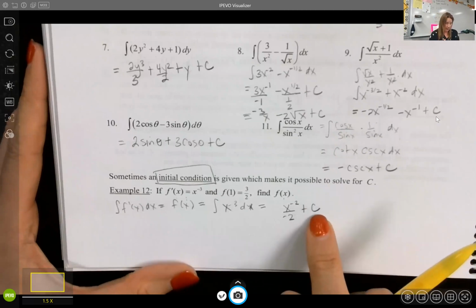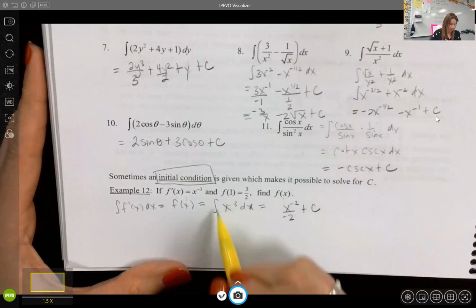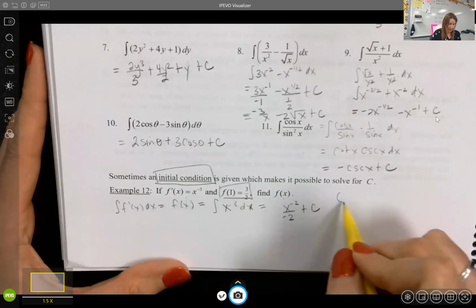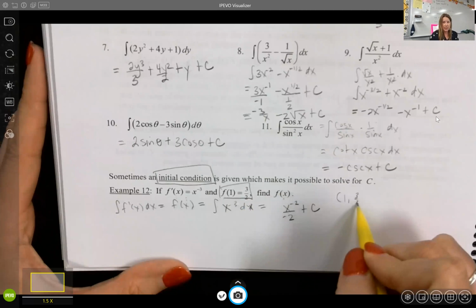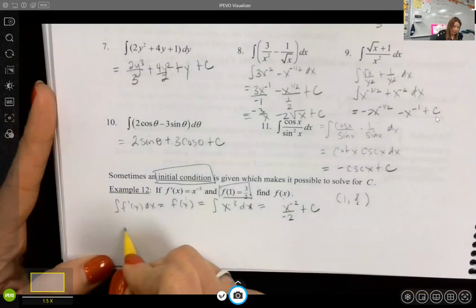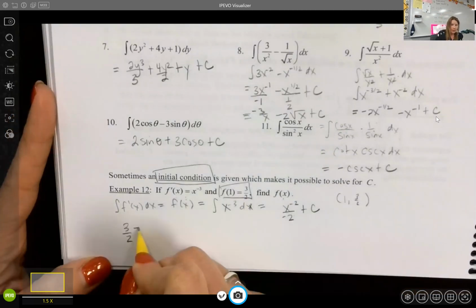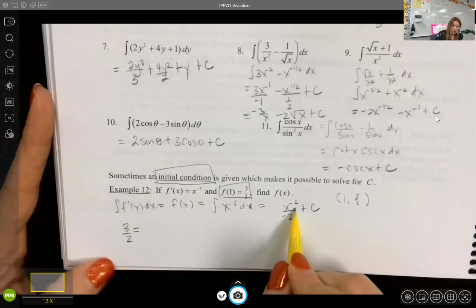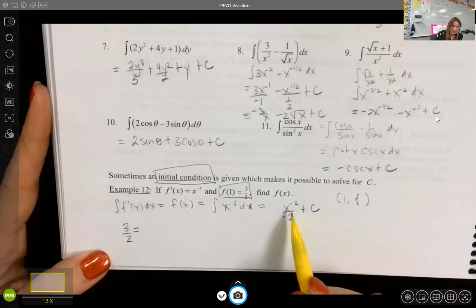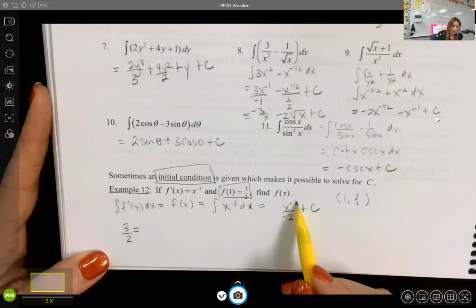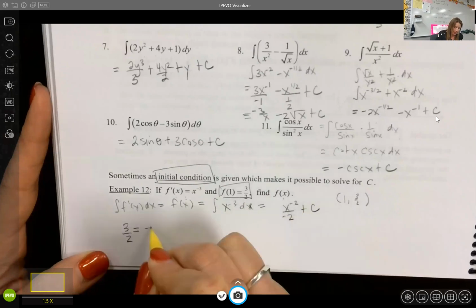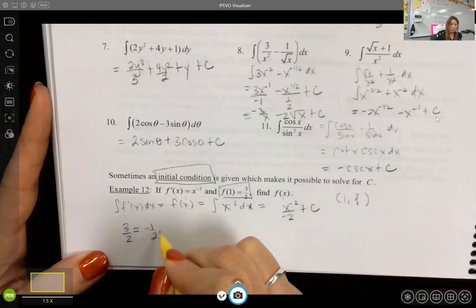but I don't know exactly where it is. Now, it did give me a starting point where x is 1 and y is 3/2. So I'm going to plug in 3/2, and I'm going to plug a 1 in here, okay? So 1 to the negative 2 is just 1, divided by negative 2 is negative 1/2 plus c.